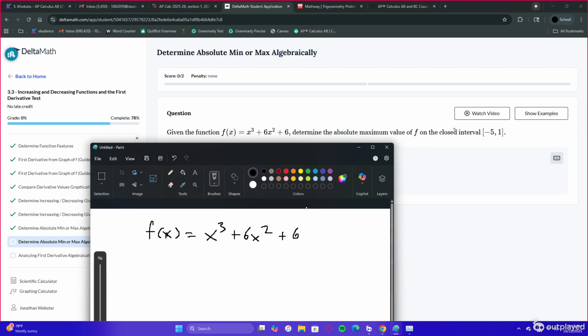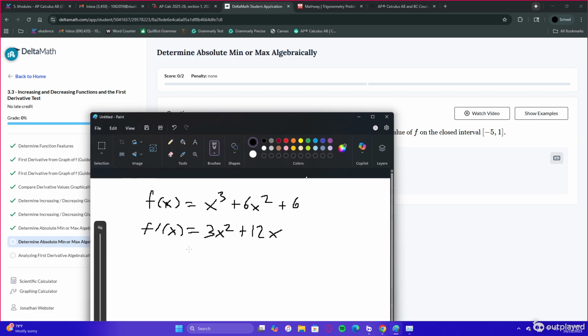And this is our interval, but first we have to find the derivative f prime, so it'd be 3x squared plus 12x. And then if you take out a 3x, you'd be left with x plus 4.